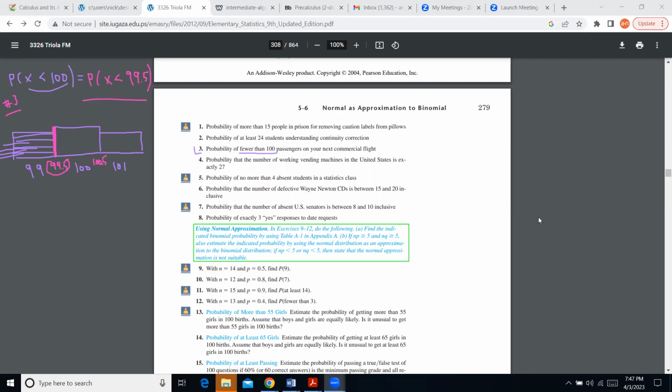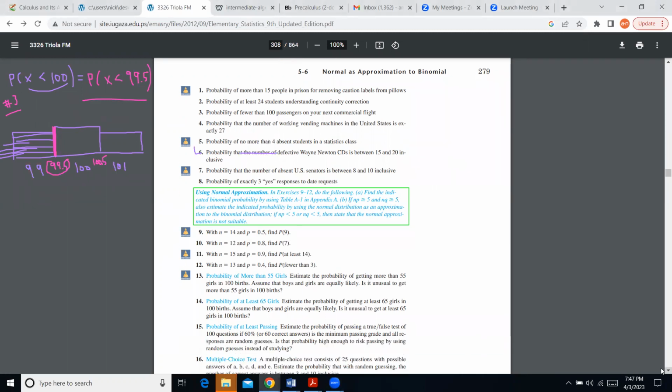So let's see where we can actually use this procedure. I guess exercise number 15 is a good example here, so let me work it out. Exercise number 15 talks about a true-false test with 100 questions. So the number of questions, which I always call n, is 100.